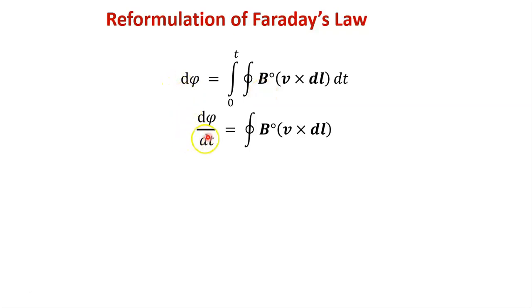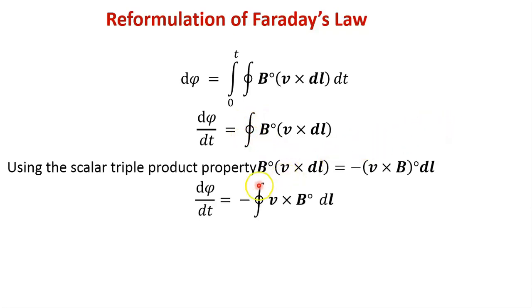So on the left hand side we have d phi by dt, and differentiation with respect to time and integration with respect to time will nullify the effect, and we are left with integration over the closed loop B bar dot v bar cross dl bar. Now B bar dot v bar cross dl bar can be written as minus v bar cross B bar dot dl bar. This is a property of STP, that is scalar triple product, and thus we can write d phi by dt is equal to minus v bar cross B bar dot dl bar.